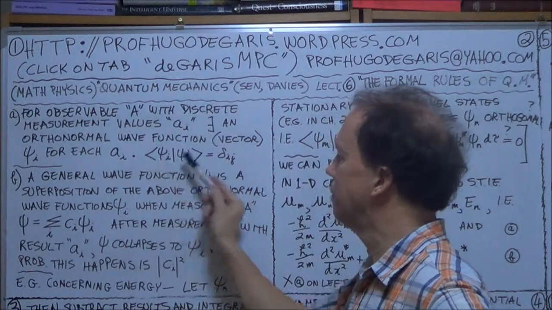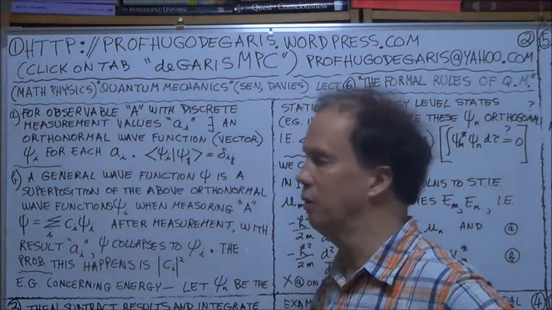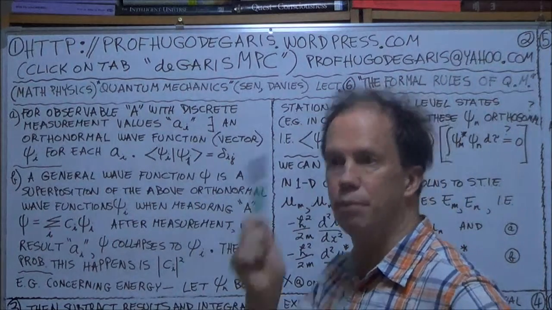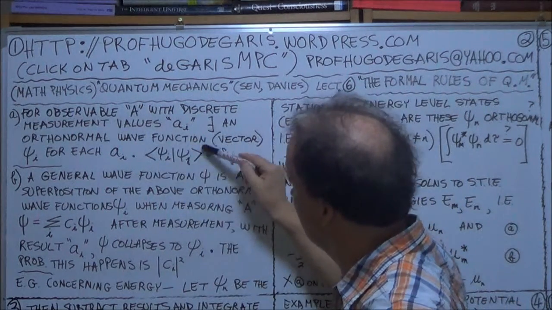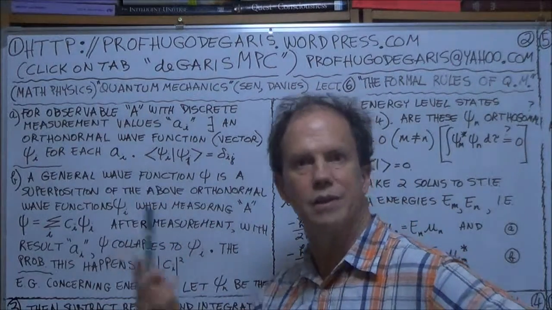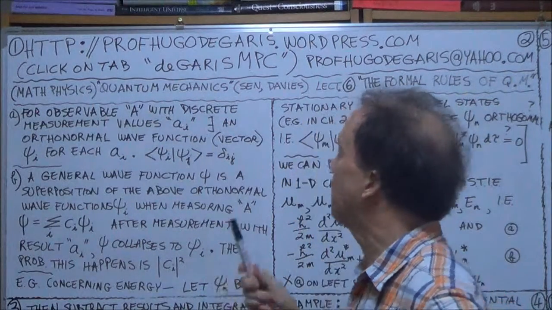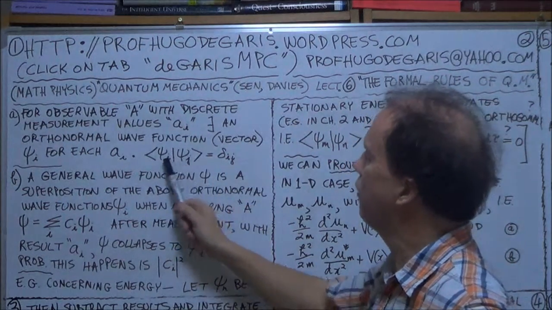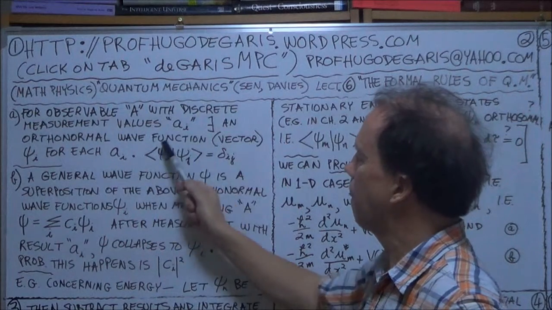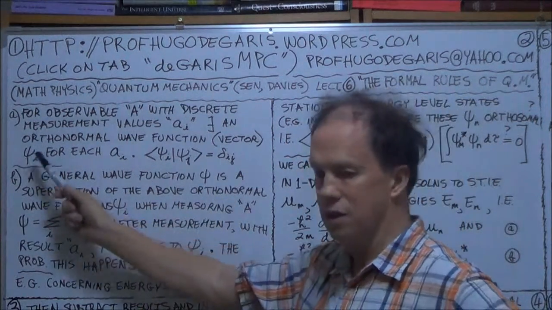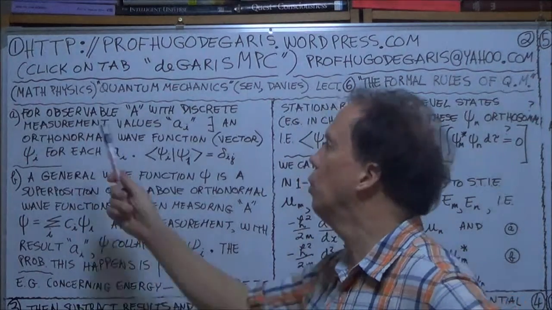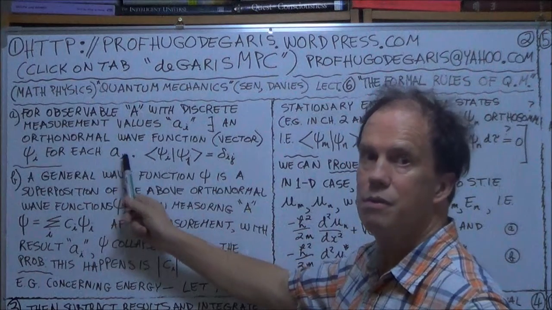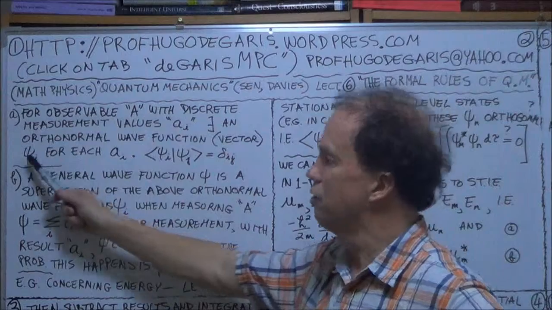It's just writing the overlap integral in a different way. This is Paul Dirac's bracket notation: the left one's the bra, the right one's the ket. And the bracket is just the delta function. So this is 1 if i and j are the same, then this wave function is not only orthogonal to all the other wave functions that correspond to different measured values, but they're also normalized.